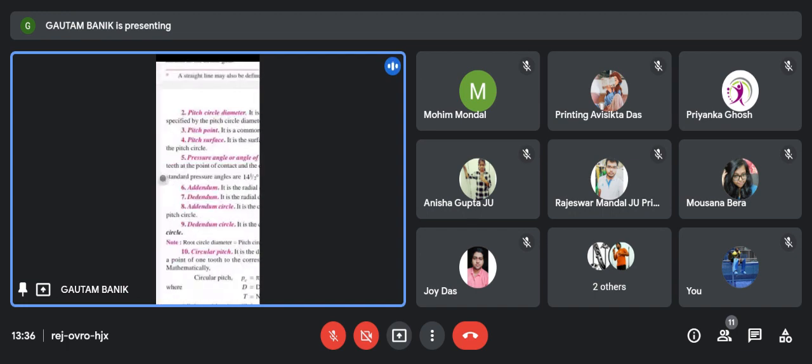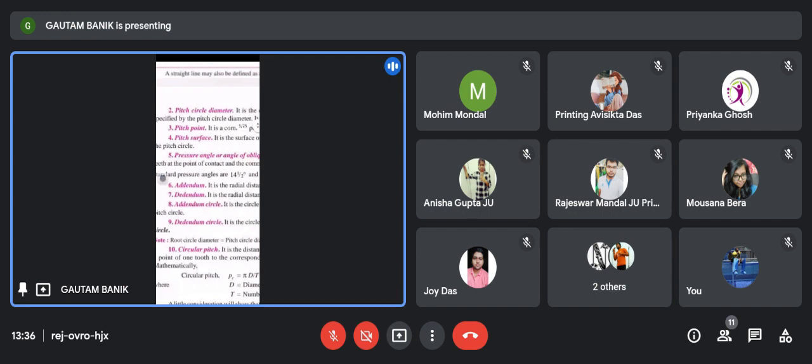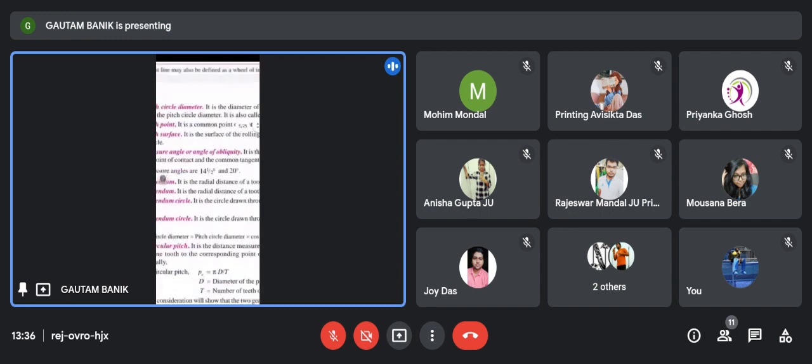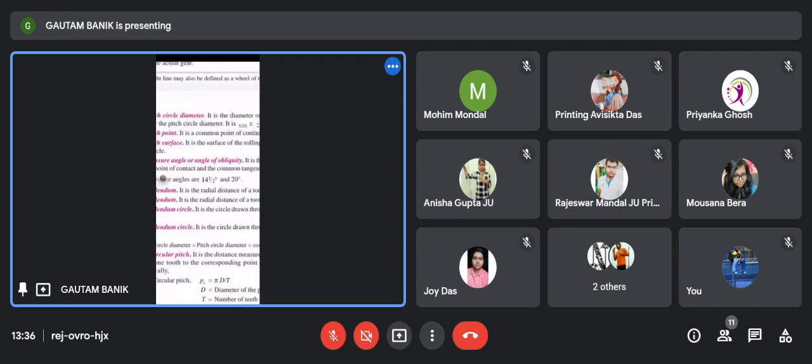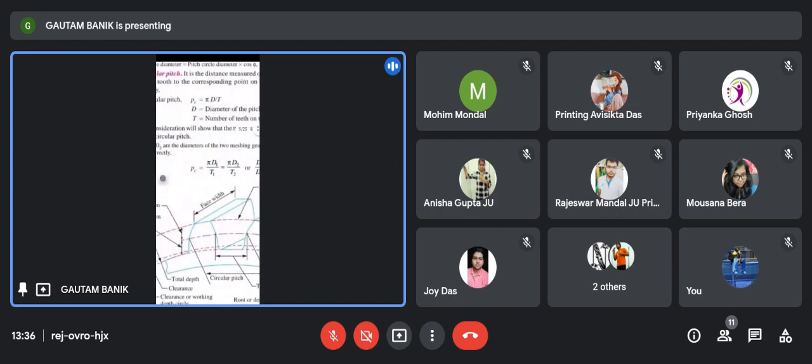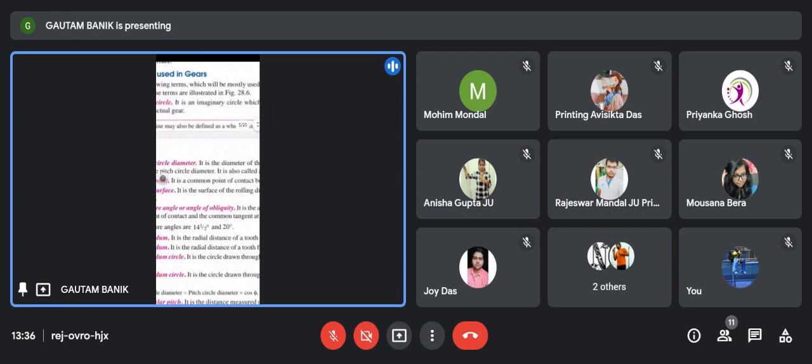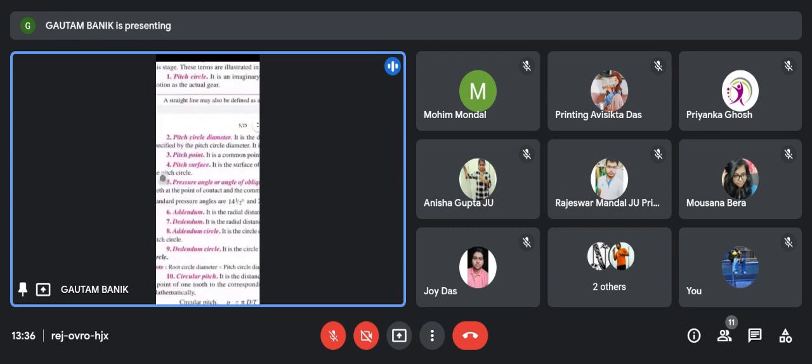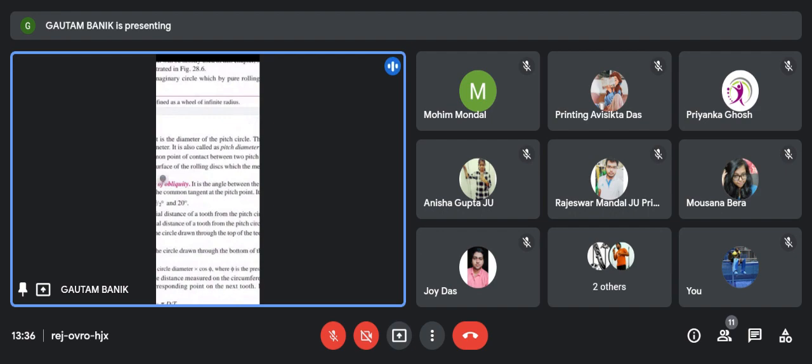So another parameter is the pressure angle. Pressure angle is an oblique angle that we will discuss. You cannot understand the pressure angle from this figure. What is pressure angle? We will discuss it geometrically. We will draw this.